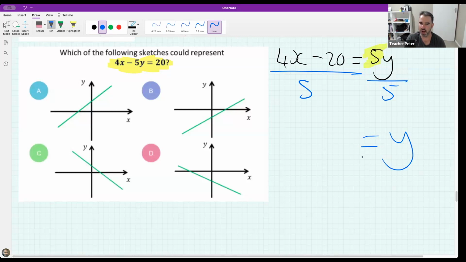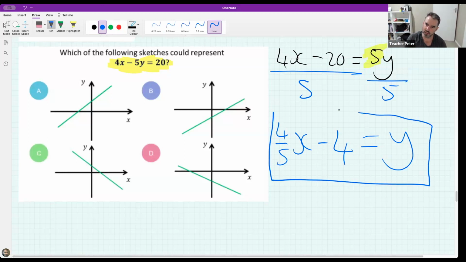Then I'm going to get y equals 4 over 5x minus 4. And so the equation of the straight line in non-standard form is this. Within the straight line, we know that the gradient is 4 over 5, and the y-intercept is minus 4.